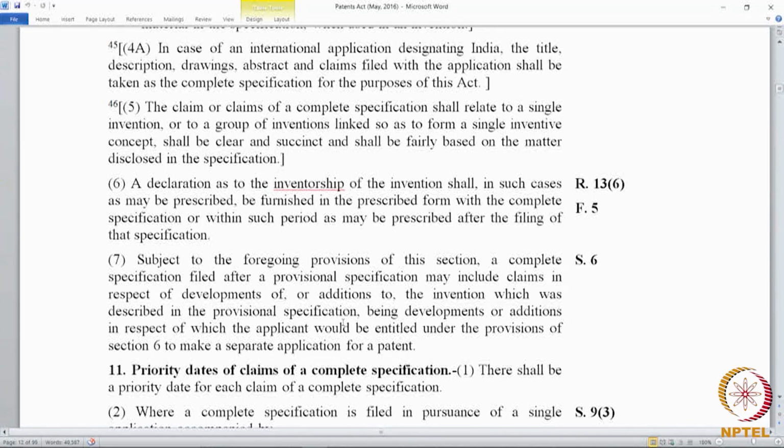If that claim was filed only in the complete and it was not disclosed in the provisional, assuming that there is a description that goes with the claim in the complete, then the date will be that of the complete.